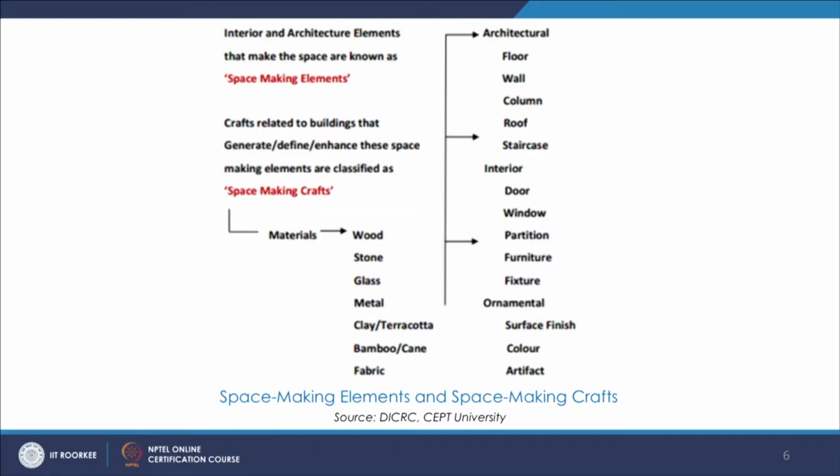Now, if we talk about space making crafts, the crafts which are related to buildings, that is interior architecture, and which generate or define or enhance all these space making elements that we see over here, could be classified as space making crafts. And like we saw in module 2, these crafts are also defined through medium, the material.